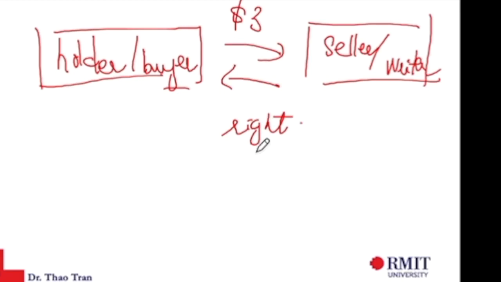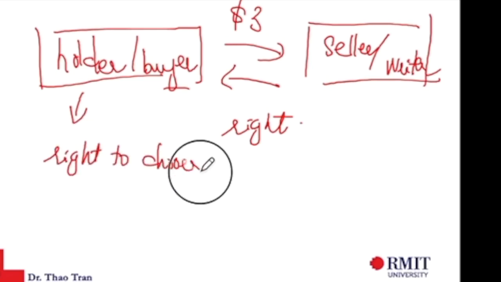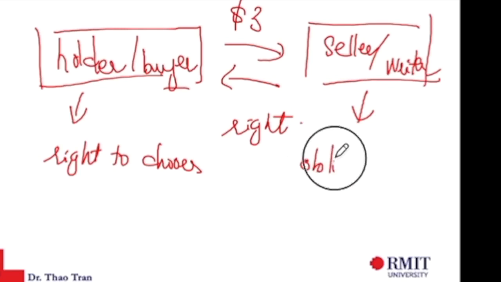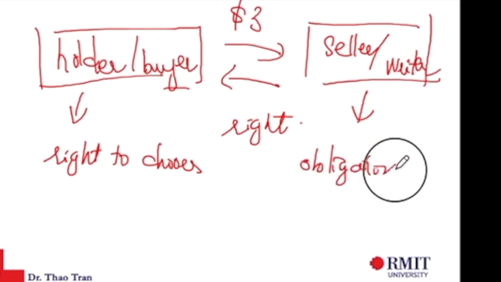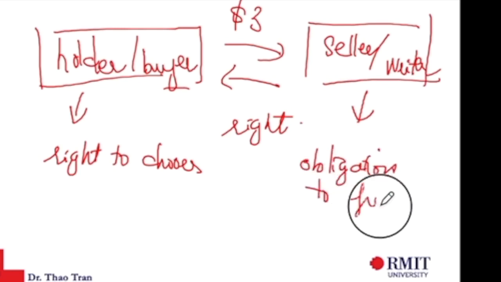After 7 months, I can choose to not buy it, or I can choose to buy it at $100. So the holder of the option has the right to choose to exercise or not, and the seller of the option has the obligation to fulfill that choice.